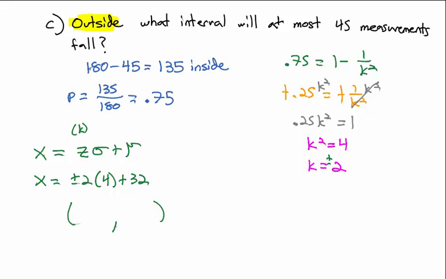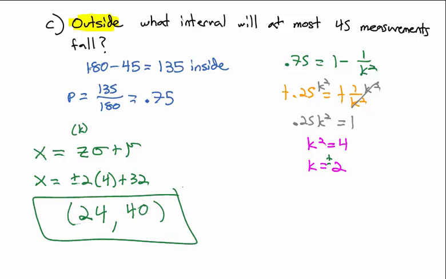Negative 2 times 4 plus 32 is 24. And positive 2 times 4 plus 32 is 40. So at most 45 measurements will fall outside of this range, outside of this interval. So not within, but outside of. So smaller than 24, bigger than 40, there's at most 45 of those data values.